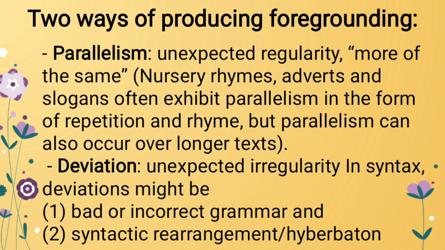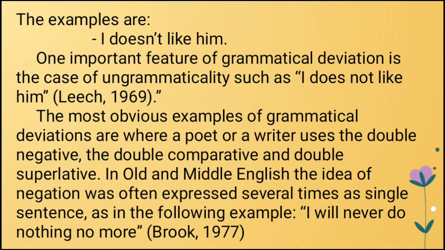It's like a surprising twist to a particular literary text. It could be a sentence that doesn't make sense at first, but it can make that literary text stand out. Now let's proceed to the examples of deviation.